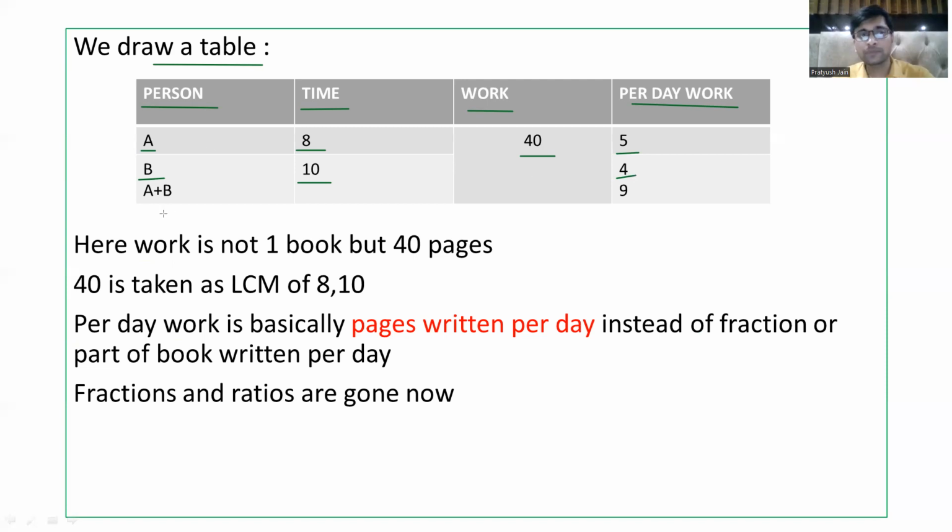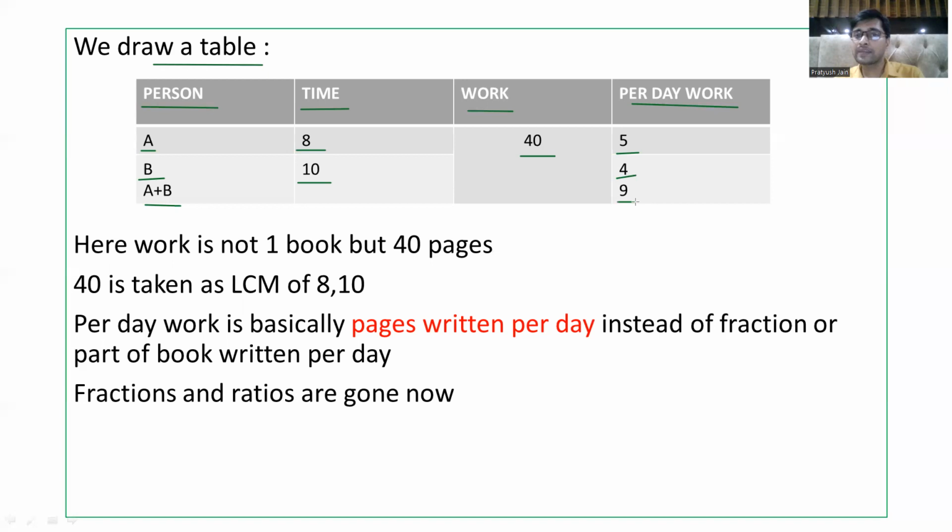And A plus B, if A and B write this book together, then their per day work will be simply equal to 5 plus 4, the sum of individual per day works of A and B, which is equal to 9. Instead of 1 by 8 and 1 by 10, now I have to simply add 5 and 4. How simple is this, right?